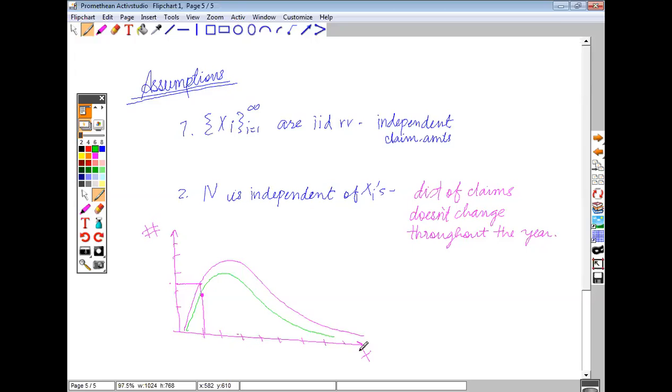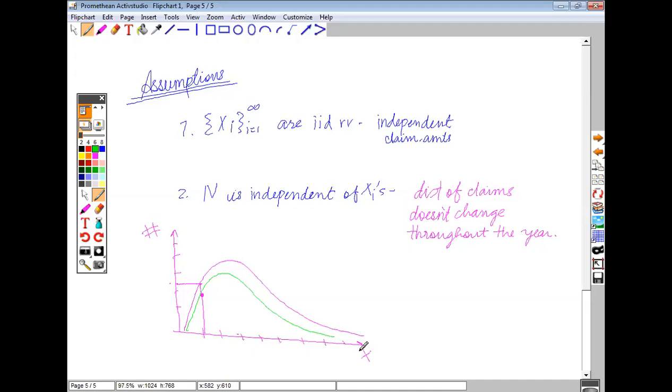In general, mostly I'll be using the Poisson process for this. And we know that the Poisson process has a memoryless property. So it may not be the case that if one claim has already occurred, the chance of observing another claim would be higher or lower in some manner. You cannot really say that. But if n follows a Poisson process, then yes, you will have the memoryless property.